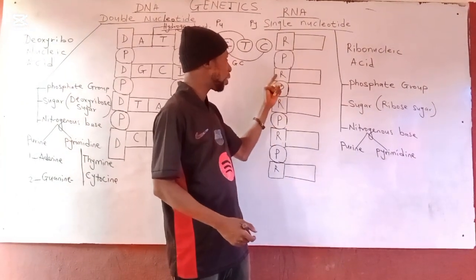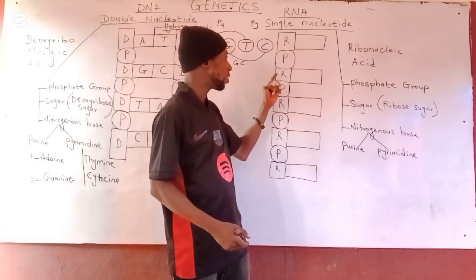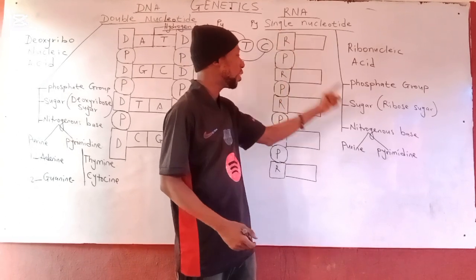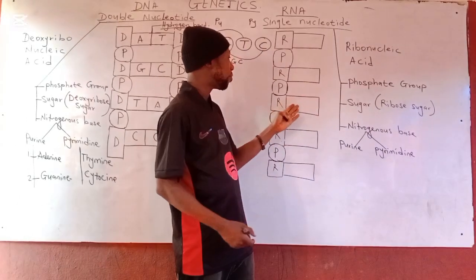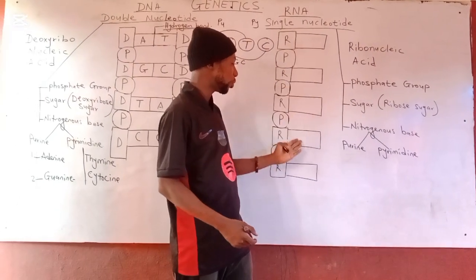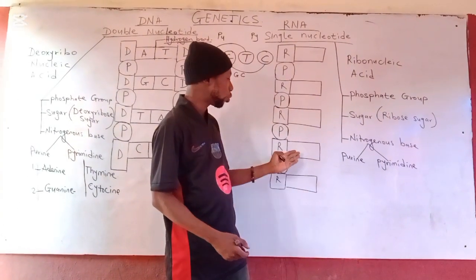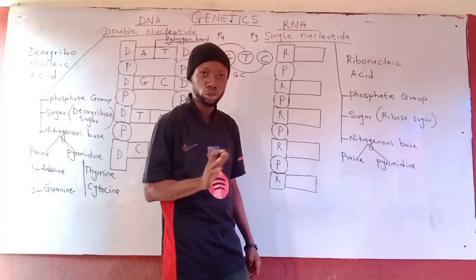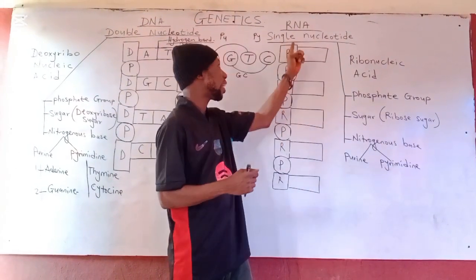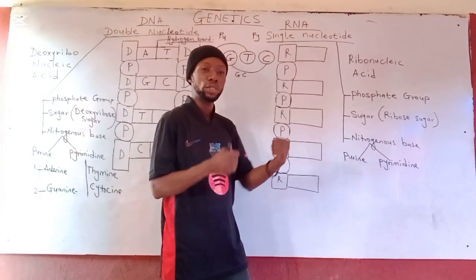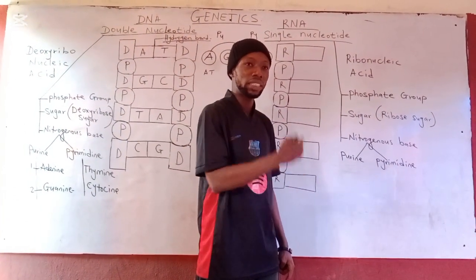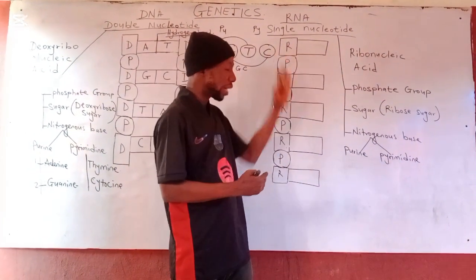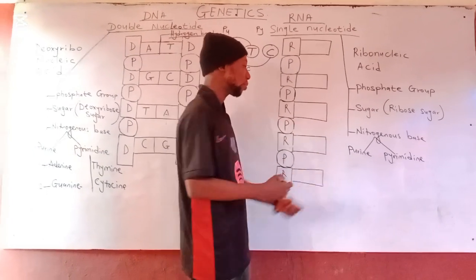The sugar is represented with R, and that sugar in RNA is ribose sugar. Then we have the nitrogenous bases. But these nitrogenous bases are not base pairs because it has a single nucleotide, so they are not pairing. So we can't call it base pair. It is just a nitrogenous base.